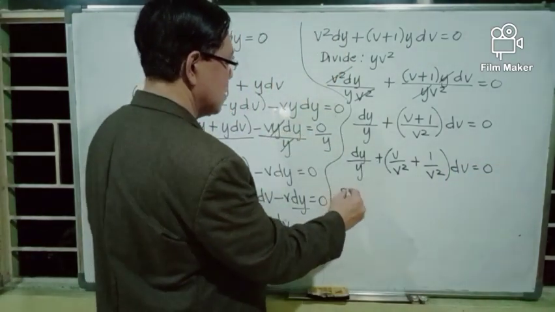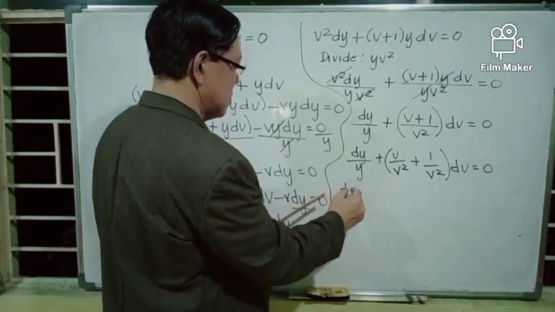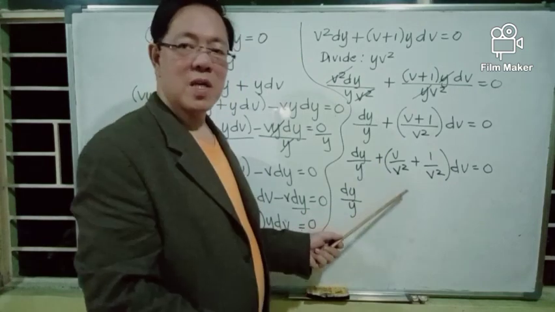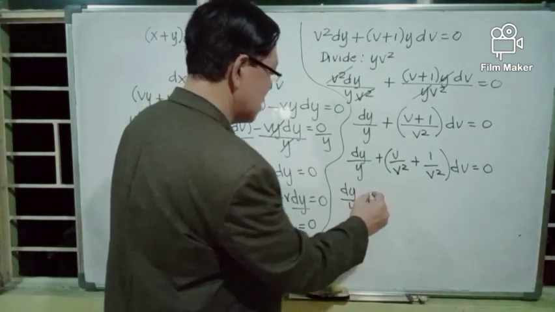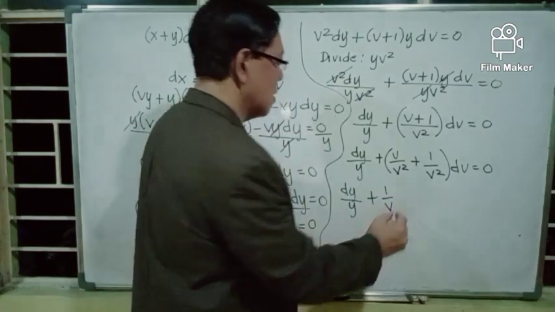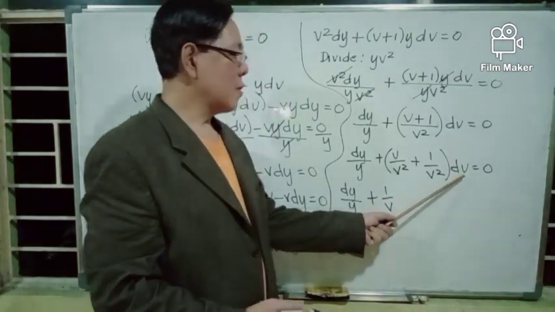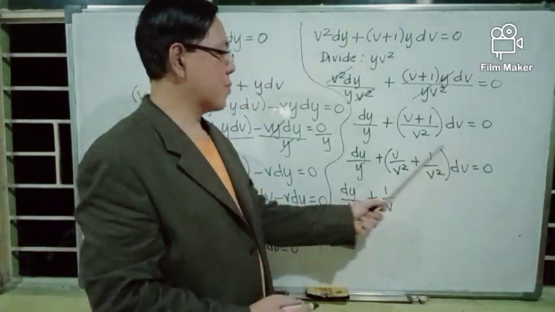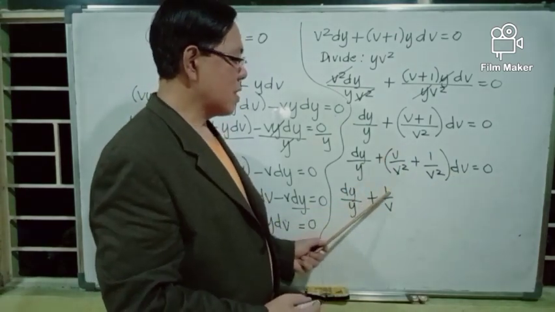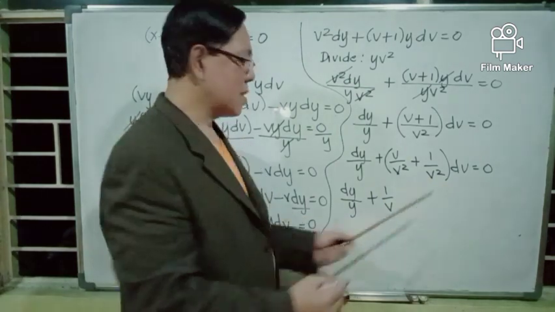We have dy over y. v over v squared is 1 over v plus 1 over v squared, multiplied by dv.